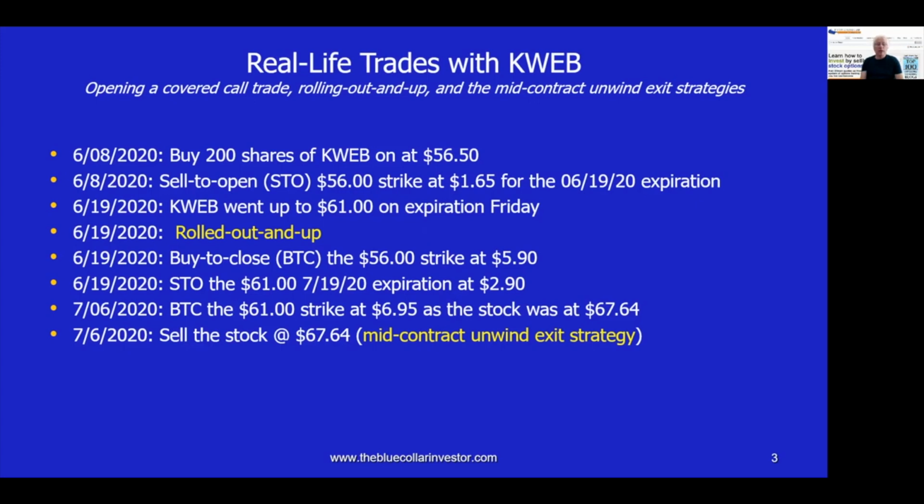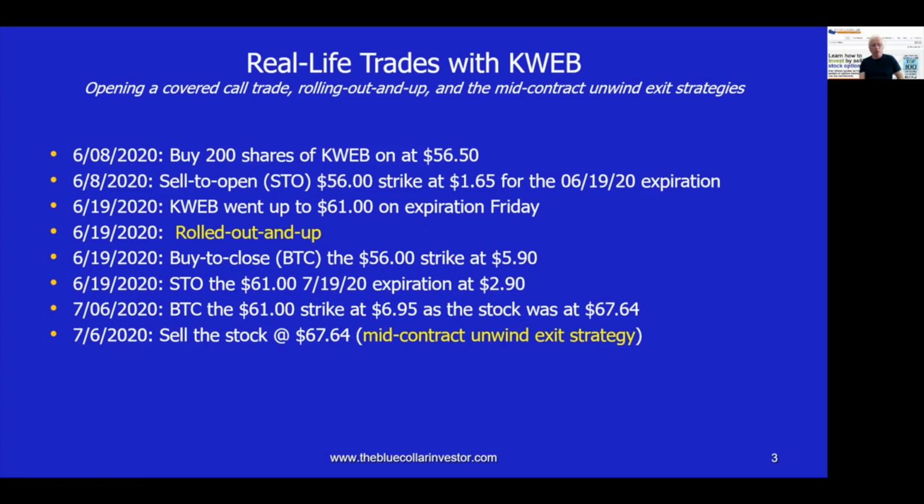Now, on 6/19, expiration Friday, KWEB had moved up from $56.50 to $61, well higher than that initial $56 strike. So we decided to roll that option out and up.